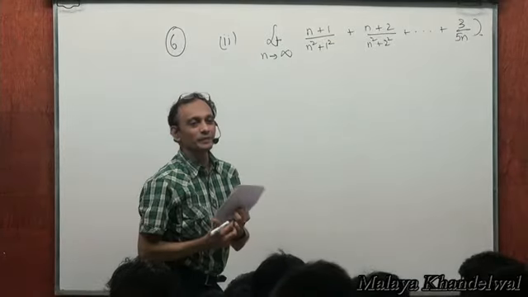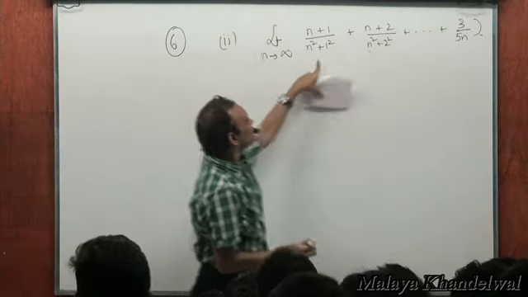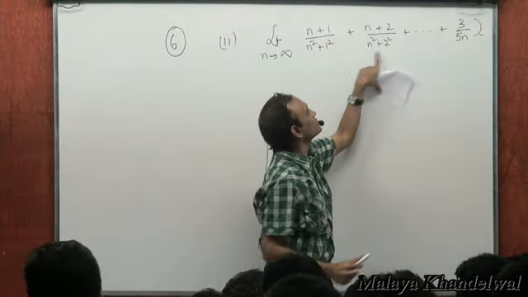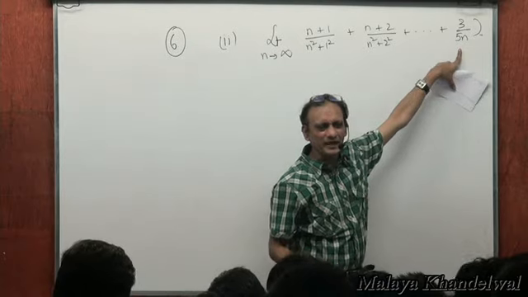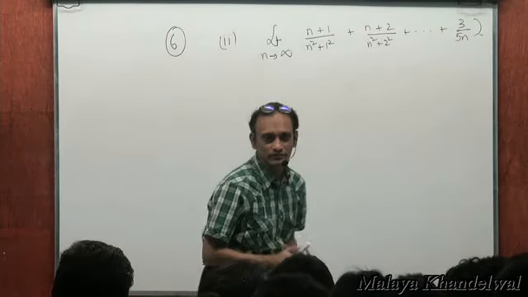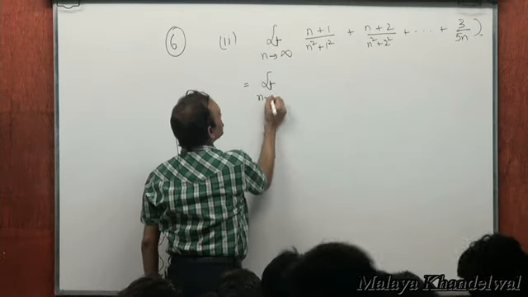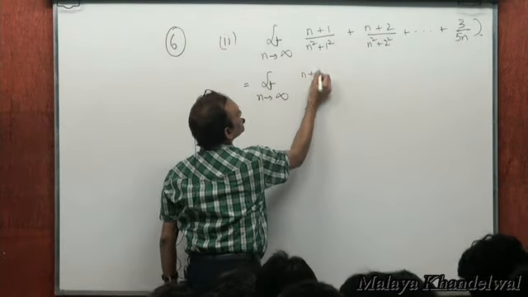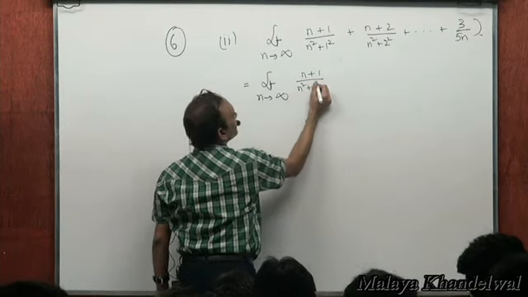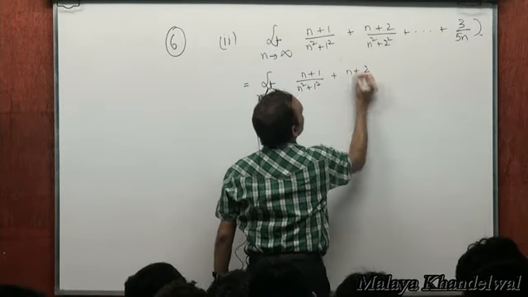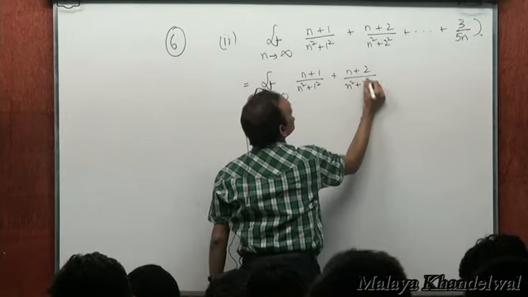Now, to begin with, it might seem odd because the earlier ones seem like belonging to the same family, and this one seems like an odd man out. But maybe not. See, this I could write as limit n tending to infinity, n plus 1 by n squared plus 1 squared, n plus 2 divided by n squared plus 2 squared.